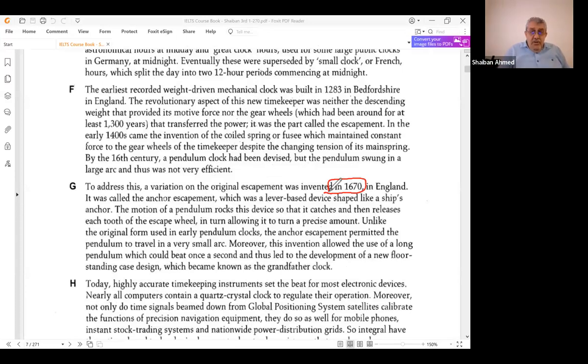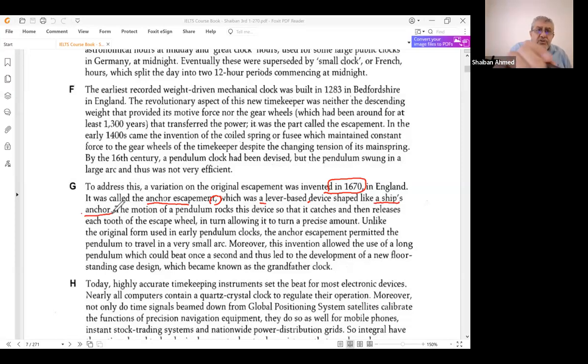Now, if you look here, he says it was called anchor escapement. We have a comma here, which means explanation, which was a lever-based device shaped like a ship's anchor.